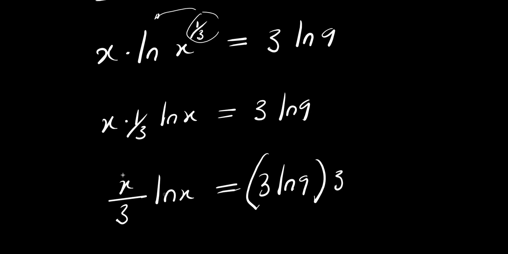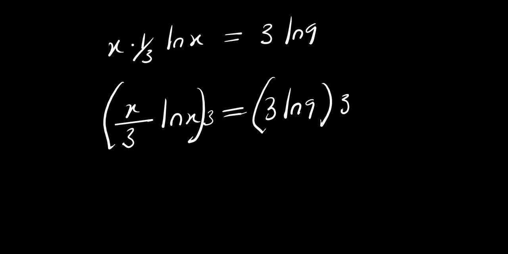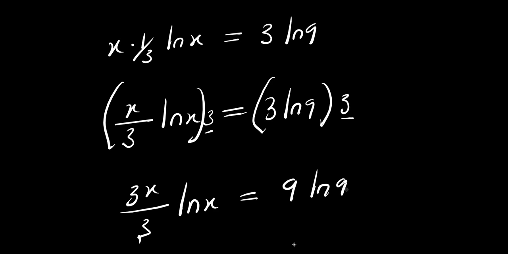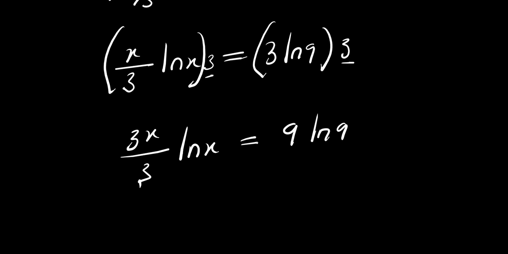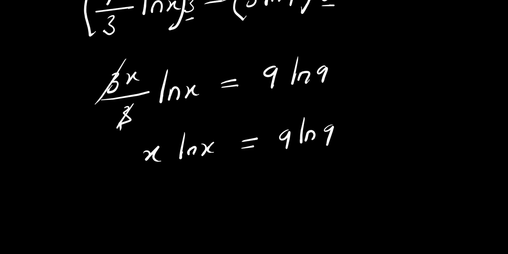This multiplies 3, this multiplies 3. So 3 multiplied this, we have 3x divided by 3 times natural log of x equals 3 multiplied this, we have 9 times natural log of 9. So from here, this eliminates this, x times natural log of x equals 9 times natural log of 9. So from here, x equals 9.